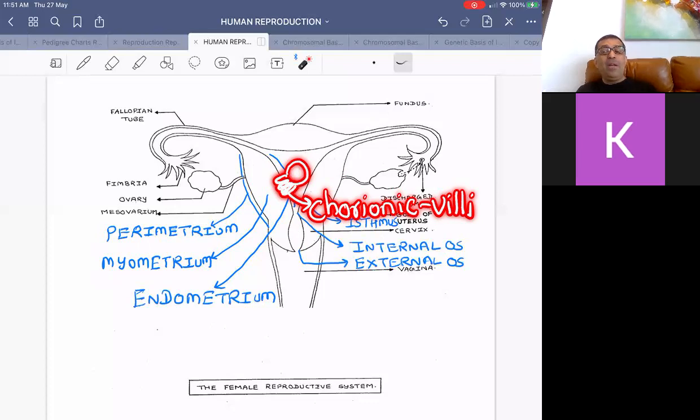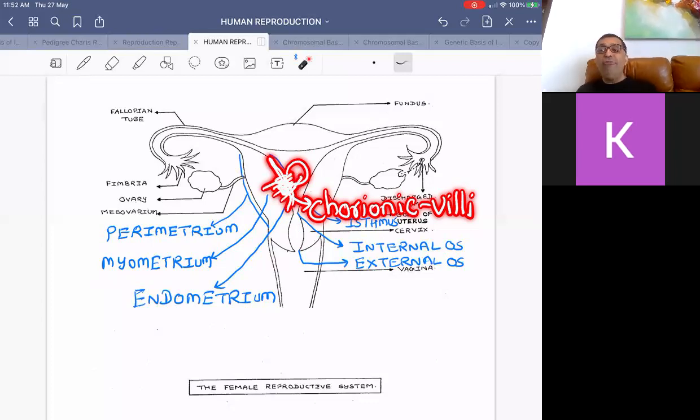And you remember endometrium has in it blood vessels. And chorionic villi come in contact with blood vessels and start absorbing nourishment from it.